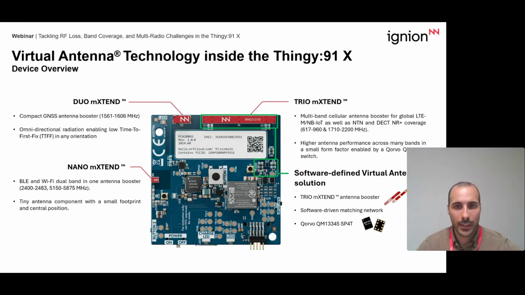Despite its tiny footprint, it provides robust performance thanks to its central placement. And on the top right side, we have the Trio Mine Extend that handles multiple band cellular connectivity for LTE-M, narrowband IoT, and DECT NR+ applications, spanning frequencies from 617 up to 2.2 gigahertz.